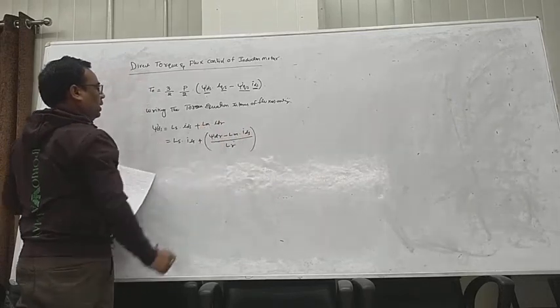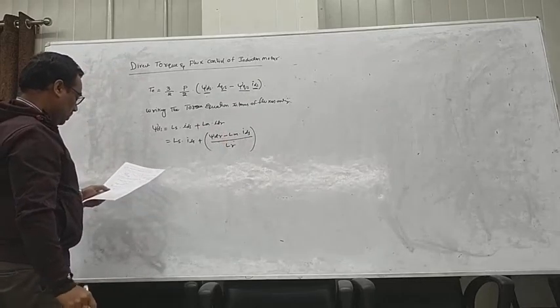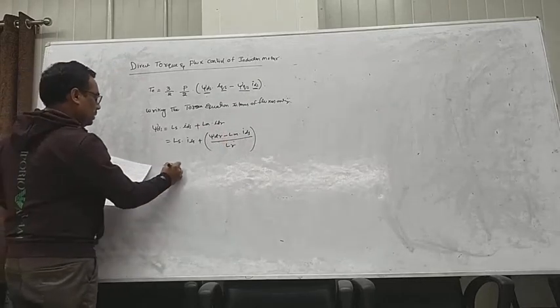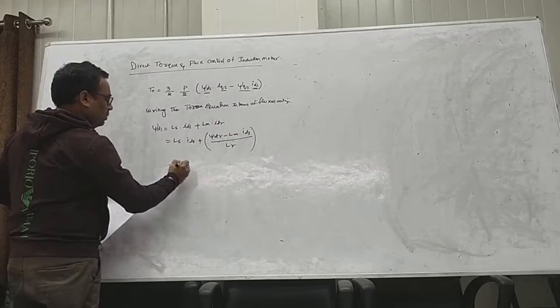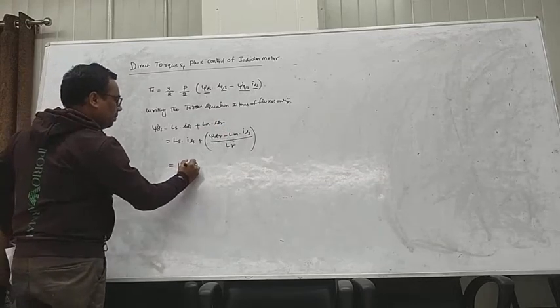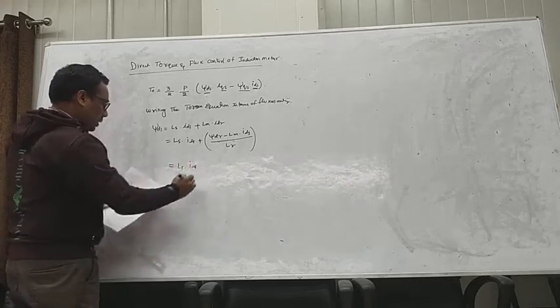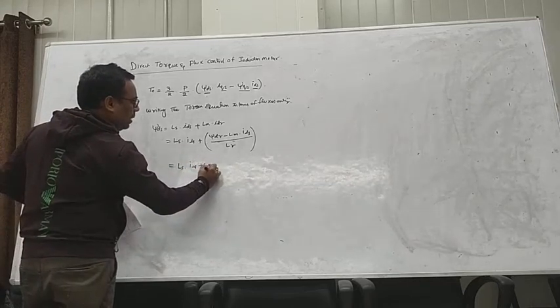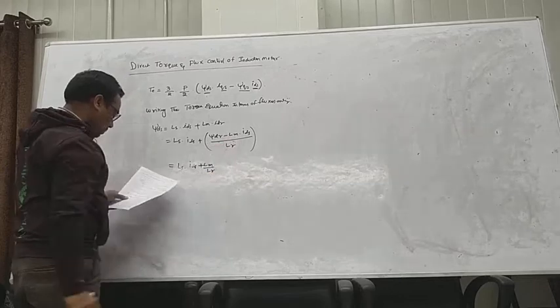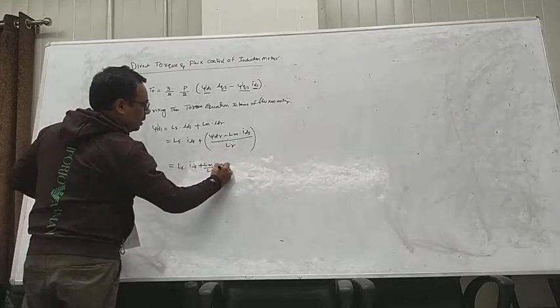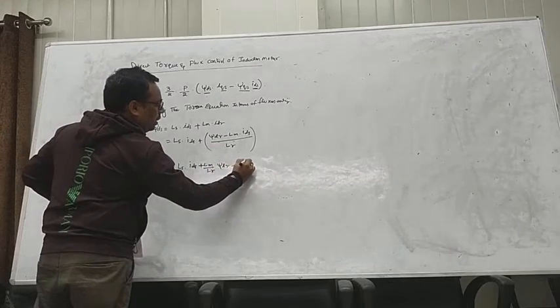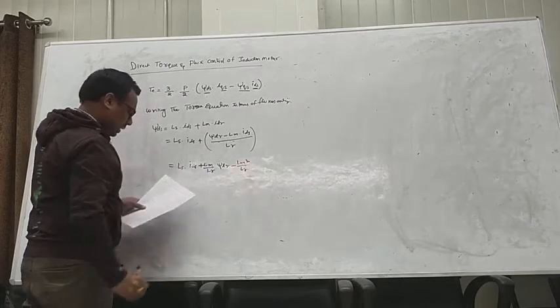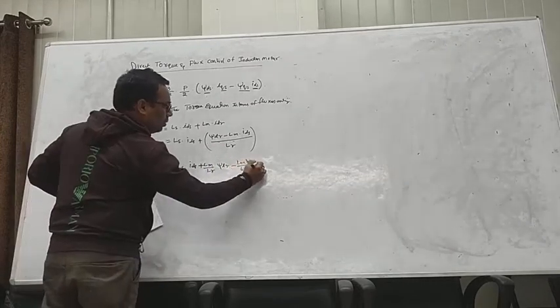I am modifying this equation. If you further simplify this, it is written as Ls into IDS plus Lm by Lr into psi dr minus Lm square by Lr into IDS.